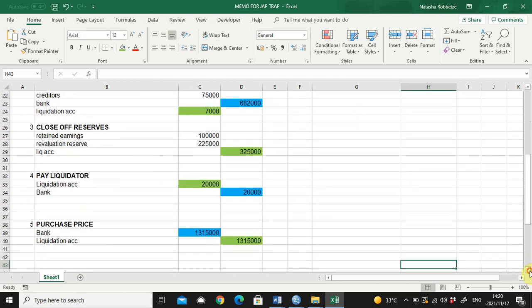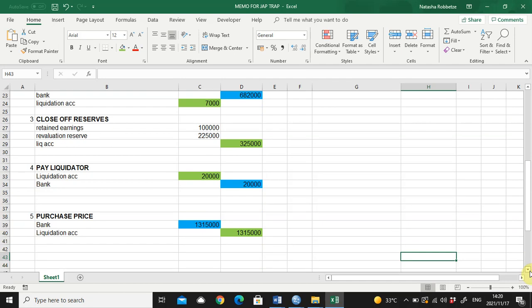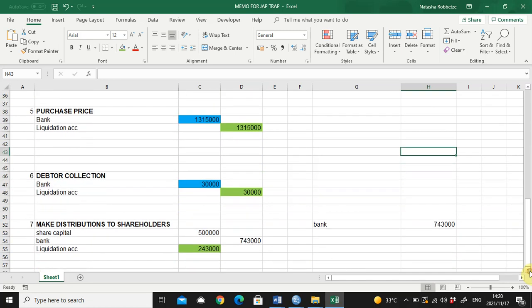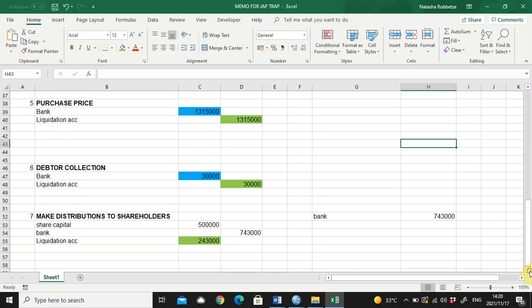I'm going to minus the 20,000, and I am going to add the 1,315,000, and I am also going to add the 30,000 in step 6. That gives me a positive answer. So on my calculator for the liquidation account, I have a positive answer of 243,000.